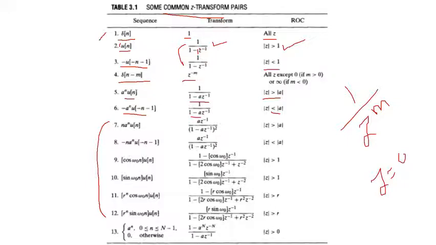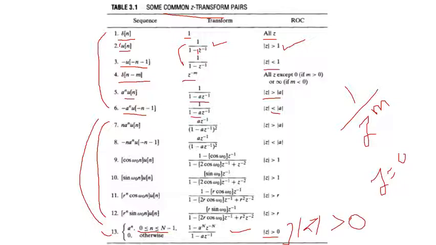So if you know 1 to 6, you can easily find 7 to 12, and then this 13 is the finite length sequence starting from 0 to n minus 1, and its Z-transform is this, because all the poles lie at the origin. So the region of convergence is mod Z greater than 0. For the previous example, I can take all the values of Z that are greater than 0. Let's move on to the next slide.